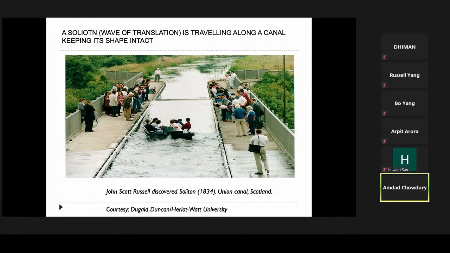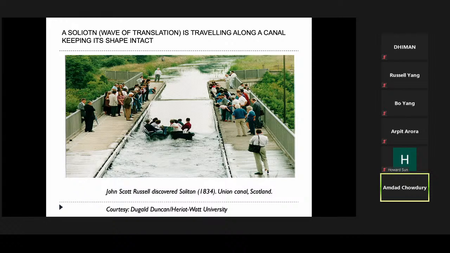He was dragging a boat along a canal, and suddenly he noticed that a heap of wave was developing in the front and was moving without any change of shape. This picture is a recreation of what he observed. As you can see, there is a heap of wave moving along the canal, and some people are curiously observing it. This is the first observation of this kind of wave.